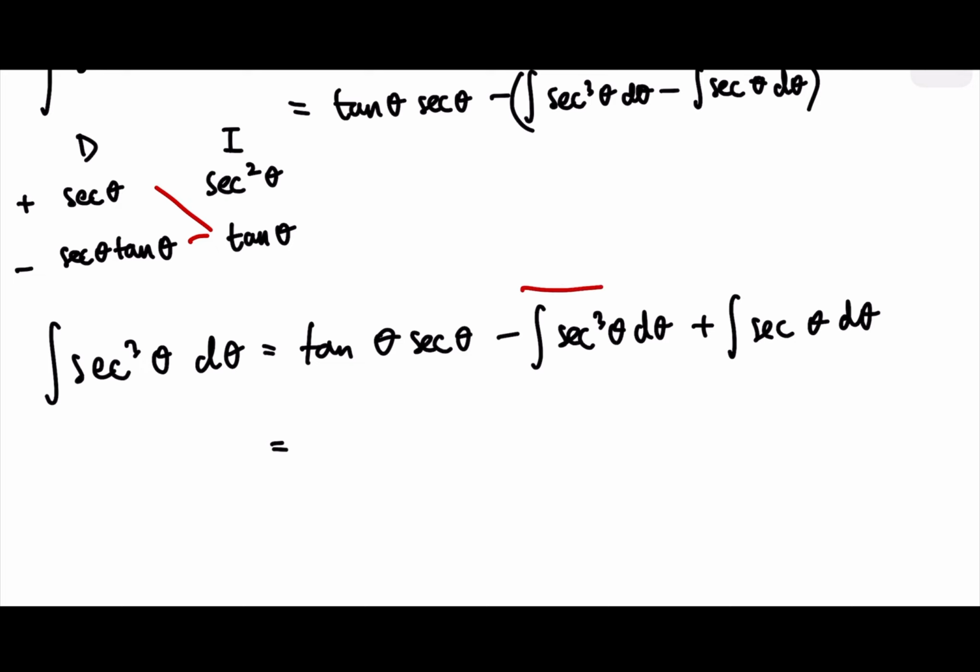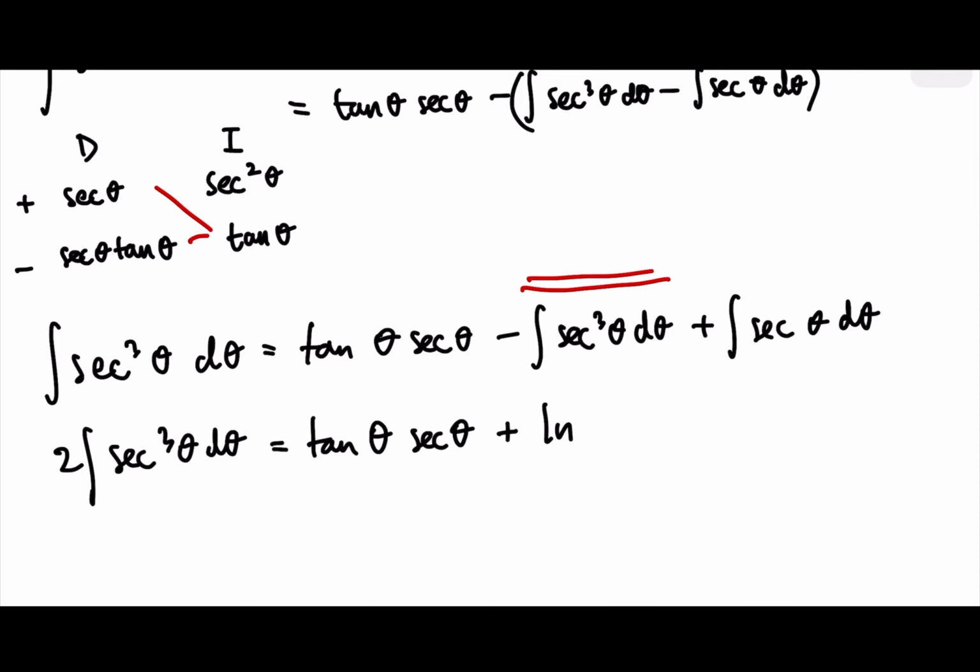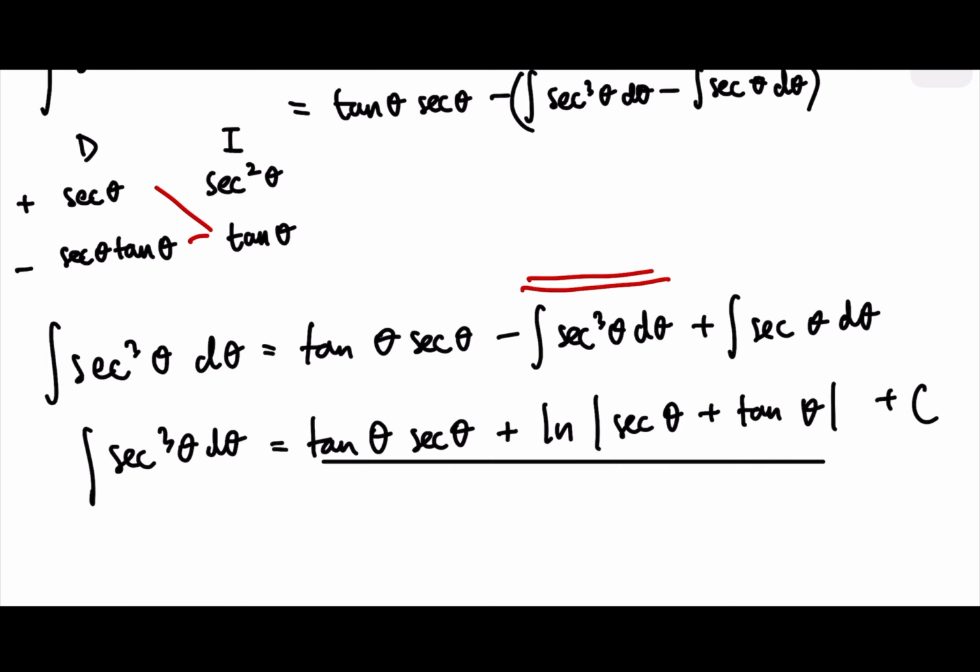Okay, we can move this part, so we can have 2 secant cube theta d theta, and this will be plus secant theta, which is ln secant theta plus tangent theta, plus c, and we can compute this and divide this by 2.